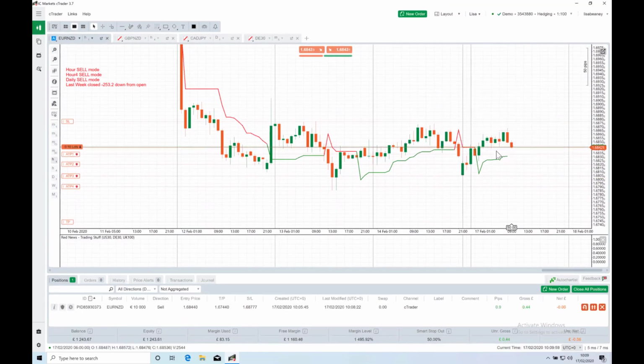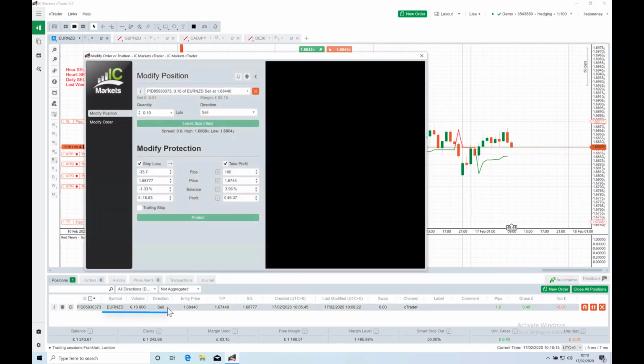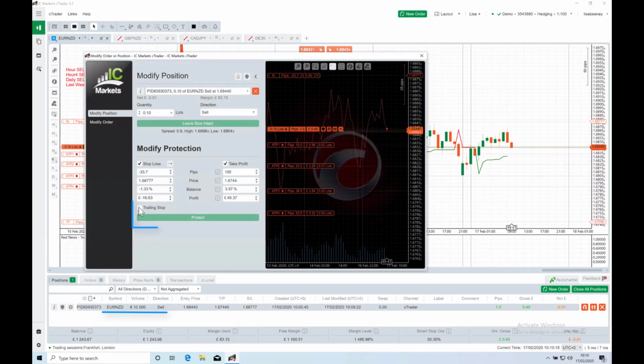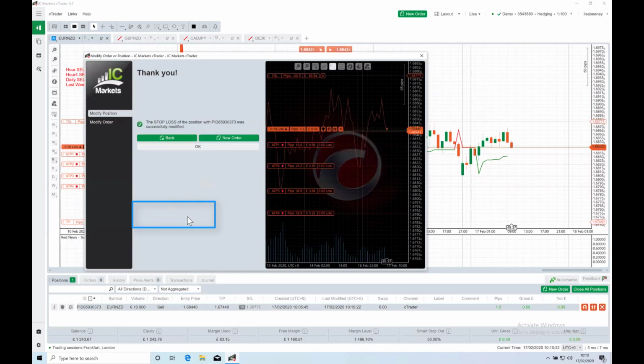The other thing that I've been doing when I've been trading recently is having a trailing stop loss, so that as my trade is moving in profit, it's trailing the stop for me. To set that, you can double click on your trade and just click on trailing stop and click on protect.